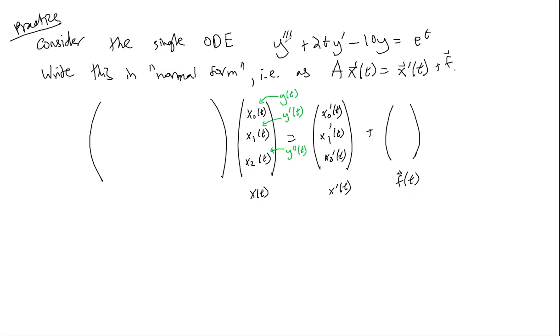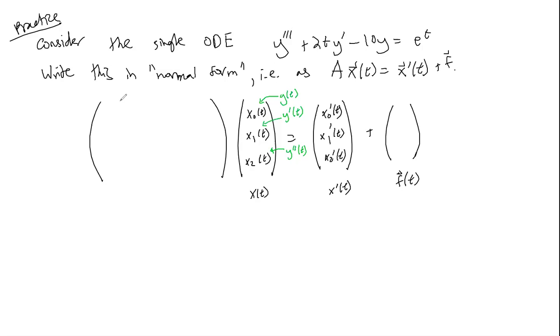And we only want to go up to the n minus 1 because this x2 prime is going to be the third derivative. Okay, so that's what x2 is supposed to represent. We're going to make it equal to y double prime. Okay, and now we have to think about how to relate these two.